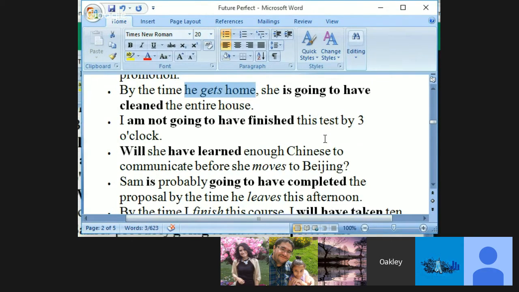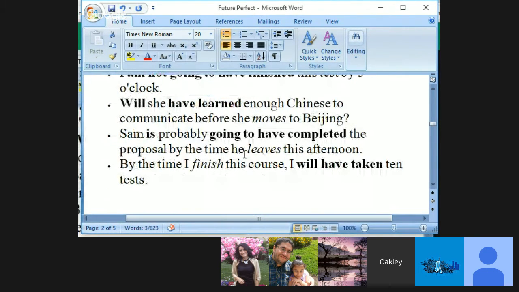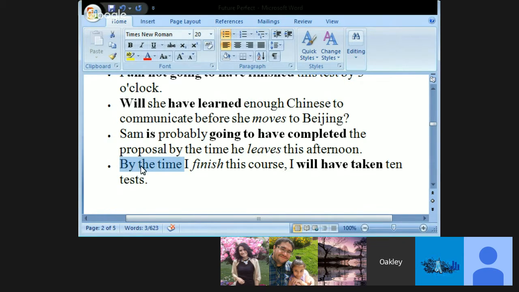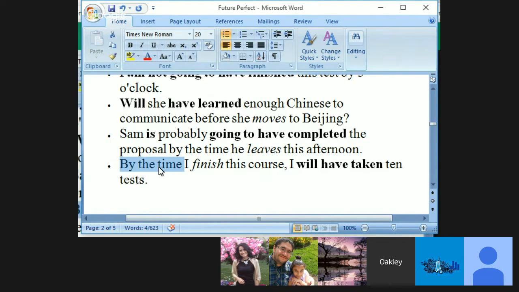So we use present tense to talk about the future. Always. It really doesn't matter any combination of tenses you're using. If you're using one of the time subordinators to start a sentence, you're just simply not allowed to use a future tense.